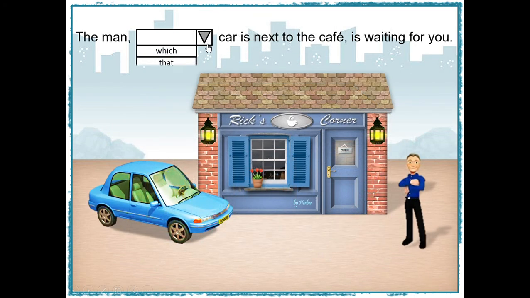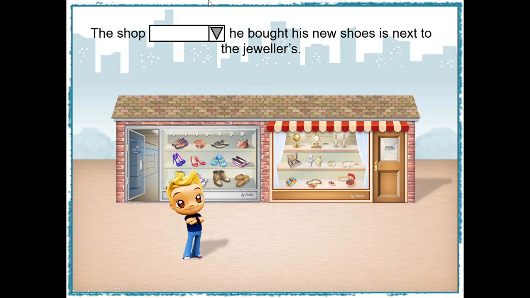The man whose car is next to the cafe is waiting for you. The shop where he bought his new shoes is next to the jeweler's.